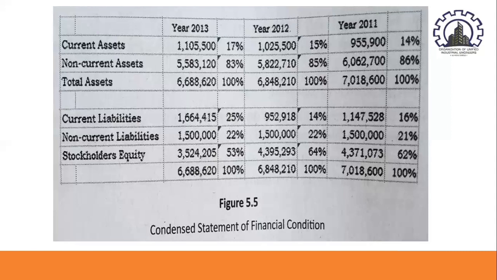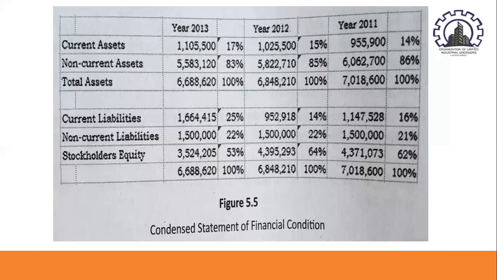And for non-current liabilities, 1,500,000 divided by your total assets 6,688,620, and the result is 22%. And finally, the stockholders' equity of 3,524,205 divided by total assets 6,688,620, and the result is 53%.